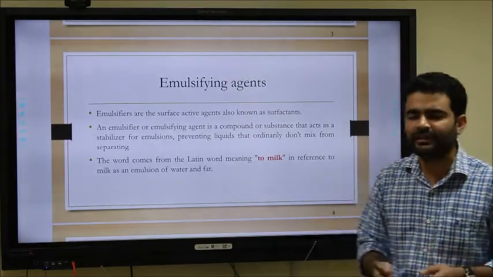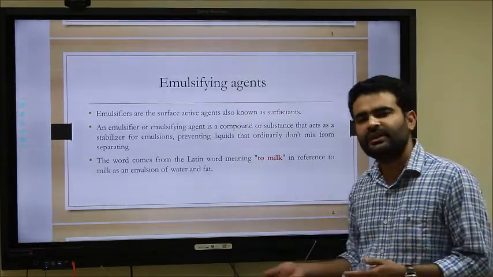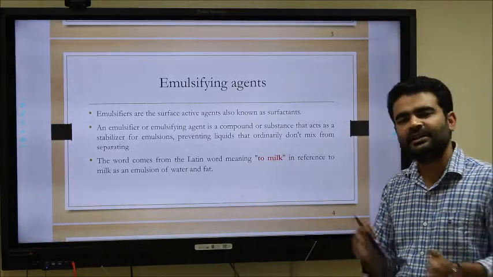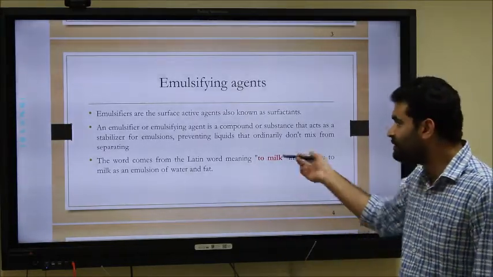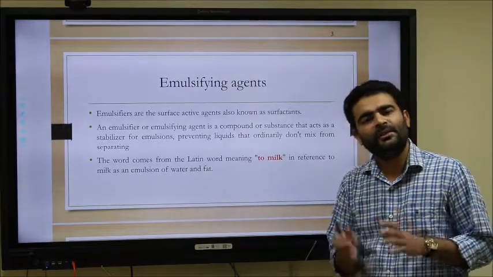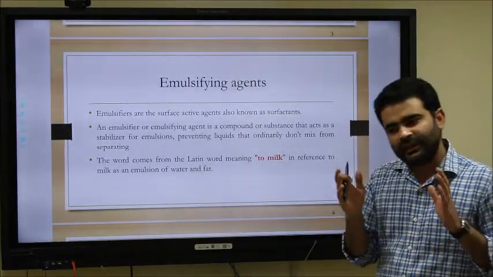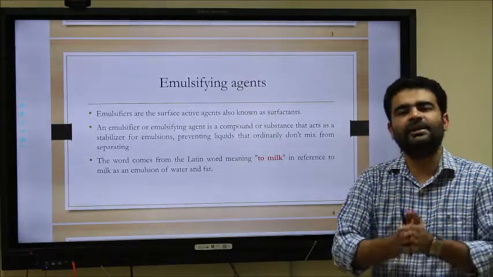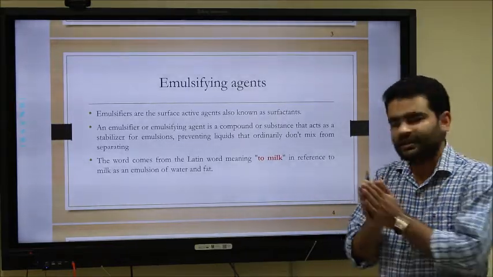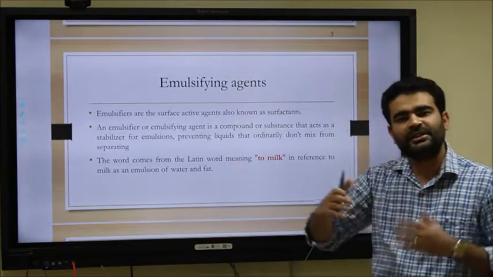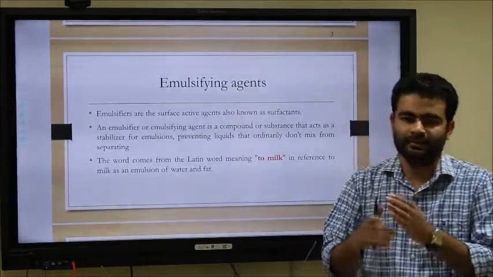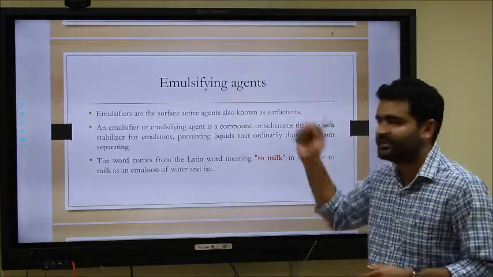There are pharmaceutical emulsions, there are cosmetic emulsions, like I have discussed in the example that cold cream and vanishing creams are cosmetic emulsions. So these are all prepared with the help of emulsifying agents. In order to mix two immiscible liquids, there is a requirement of surface active phenomena, and those substances which reduce the interfacial tension, causing the two immiscible liquids to mix together, are called emulsifying agents.